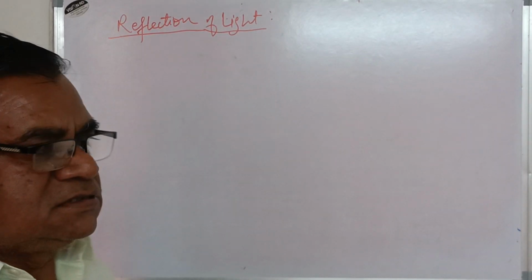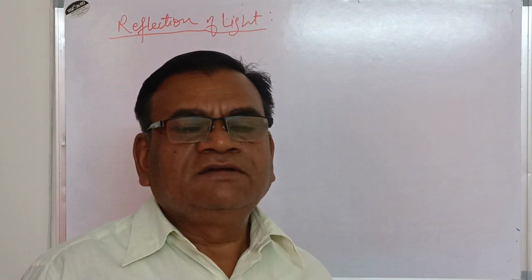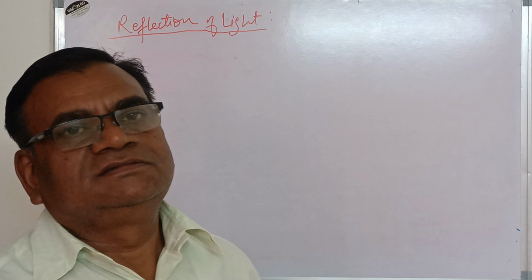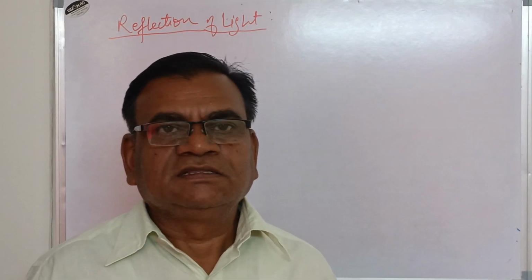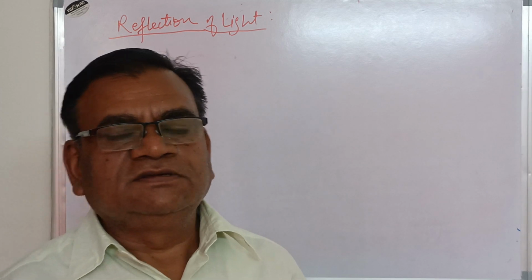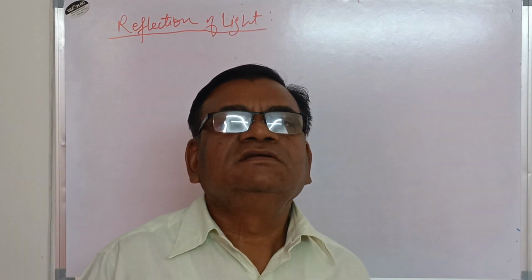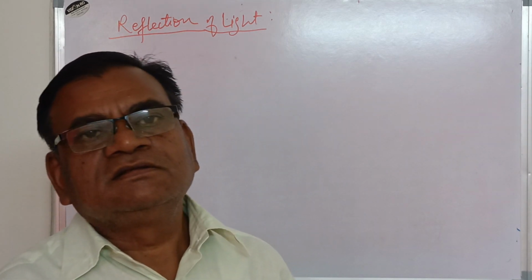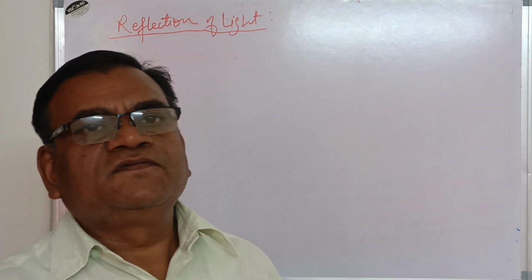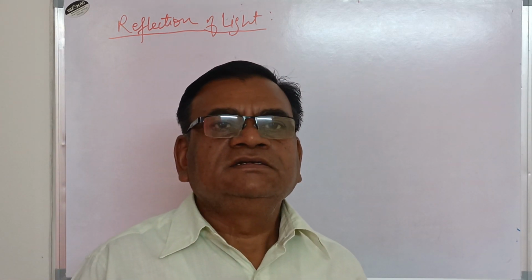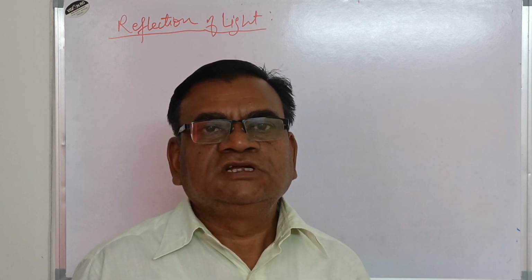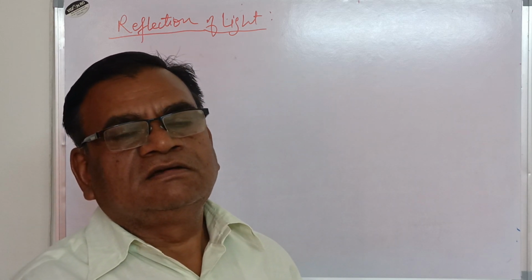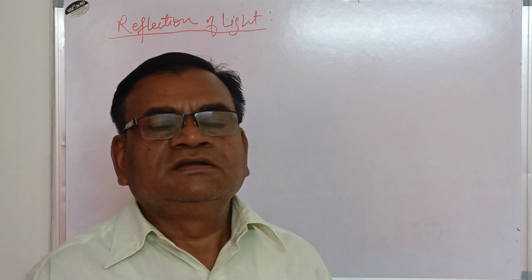So what happens when the light falls on a surface? Some part of it, that depends upon the nature of the surface. If it is well polished, a best reflector, some part of the light is returned back. So the returning of light is called reflection.